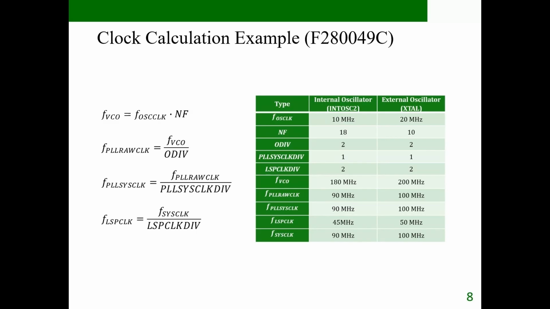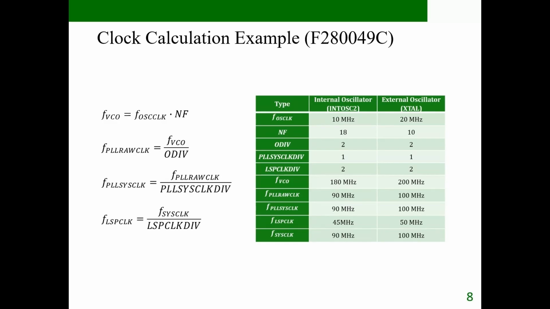Let's take a look at case 1 for the internal oscillator. Since the internal oscillator has a relatively high tolerance, we avoid pushing it to the maximum 100 MHz. Instead, we target about 90 MHz system clock to keep around 10% margin. If we set the multiplier NF equal to 18, the VCO frequency becomes 180 MHz, which is within the specified VCO range.